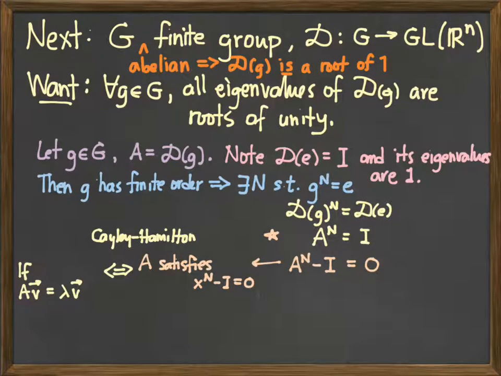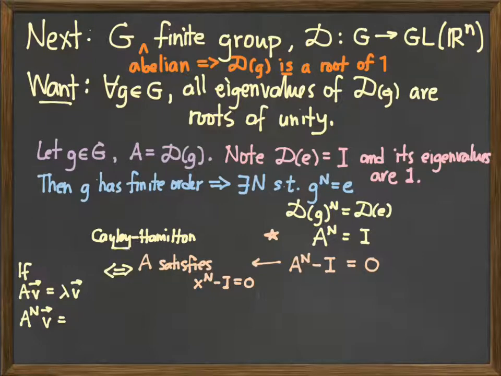Actually, I don't even think we need Cayley-Hamilton for this. Let's suppose AV is equal to lambda V. Let's then figure out what A to the N V is.